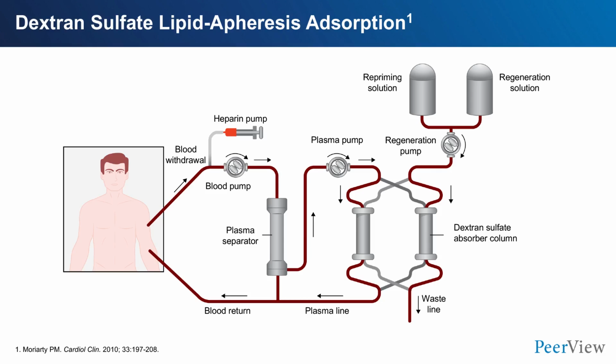3 to 4 liters of plasma is treated at one time. It takes 2 or 3 hours, with treatments every 2 weeks or so, depending on the patient's risk, levels, and response.